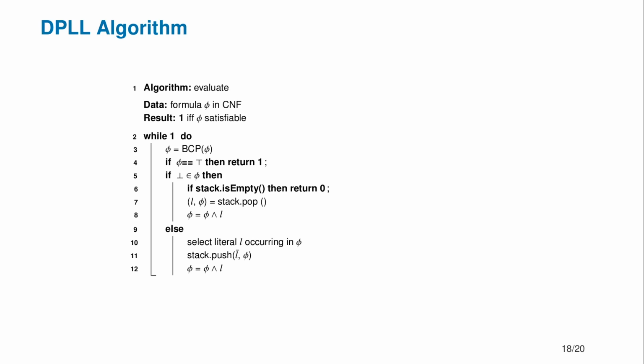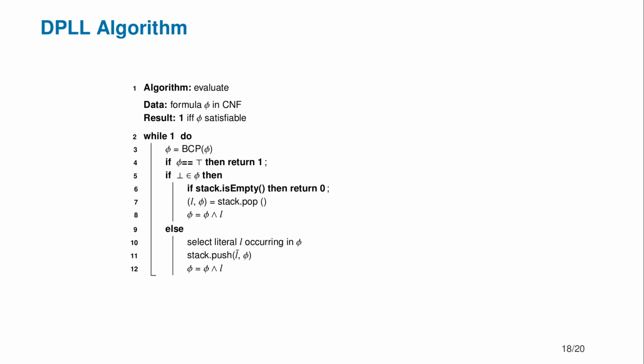If the formula is the empty formula after these UCP applications, then we return true. Otherwise we proceed, and there are now two cases. There is the case where the empty clause is in the formula, and there is the case where the empty clause is not in the formula. Let's start with the second case.